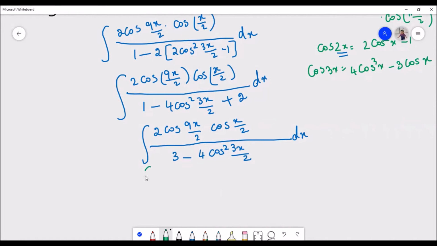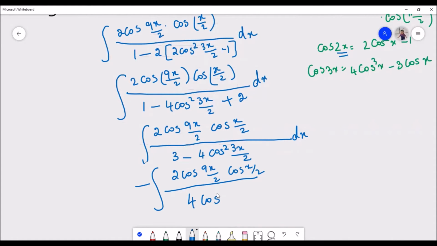Let me write the given term as it is: 2 cos 9x by 2 cos x by 2 divided by, let me take the negative sign outside, 4 cos square 3x by 2 minus 3. I will change the color for what I multiply, so it will be easy for you to understand.